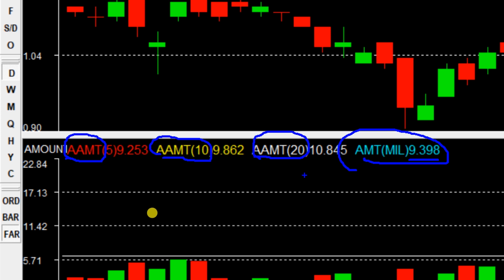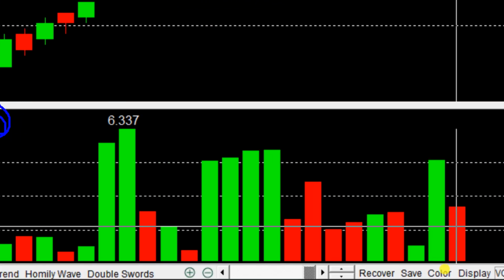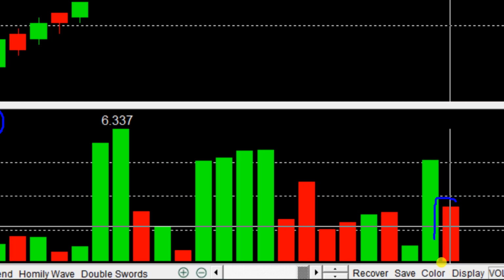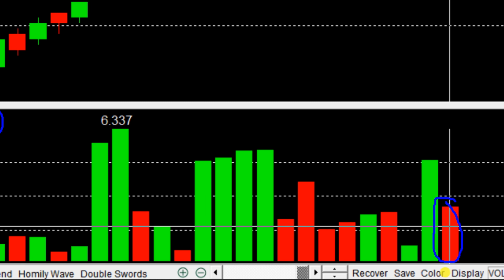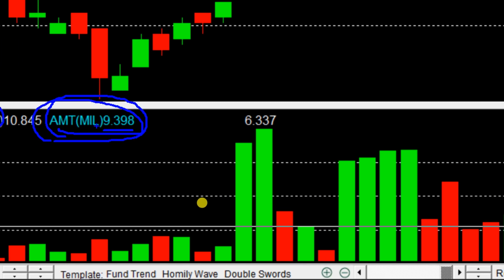At the left side, we see AAMT5, AAMT10, and AAMT20. What's the meaning of this 5, 10, and 20? It's the same as volume. AAMT means average amount. This is average amount 5, this is average amount 10, and this is average amount 20. For this single day, this column, the amount is 9.398 million ringgit.